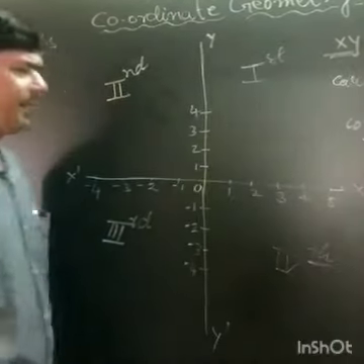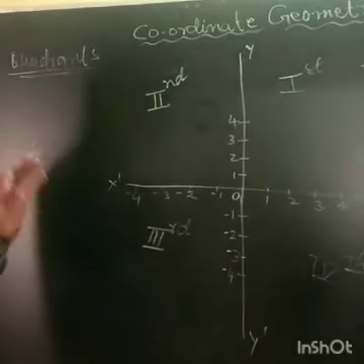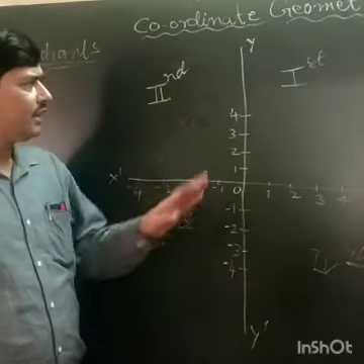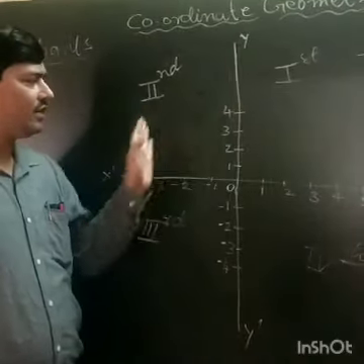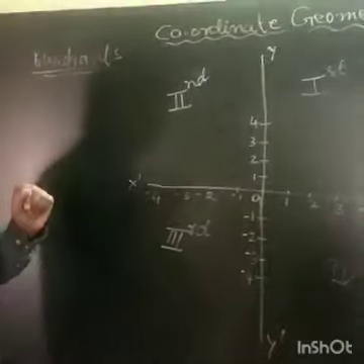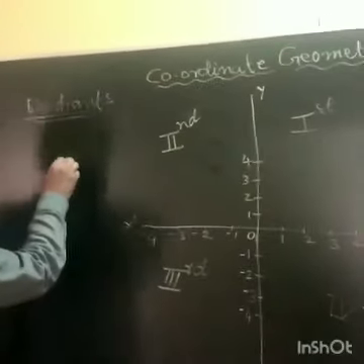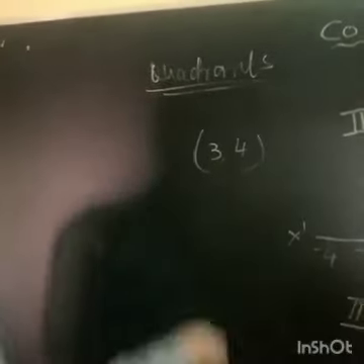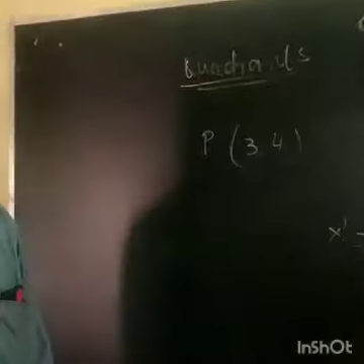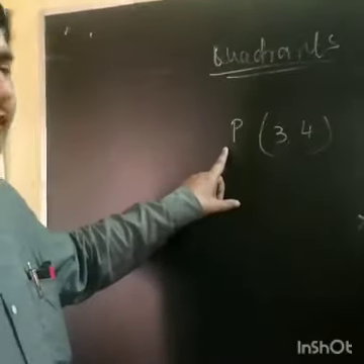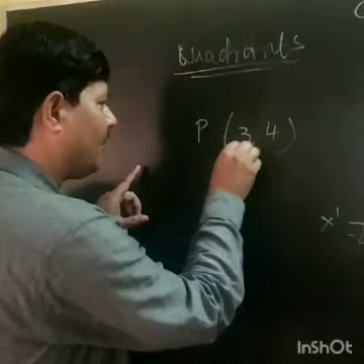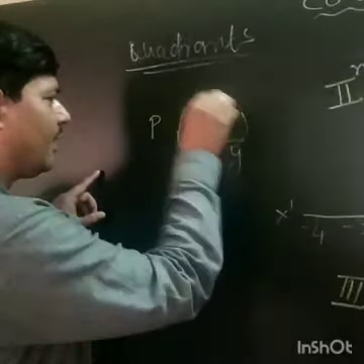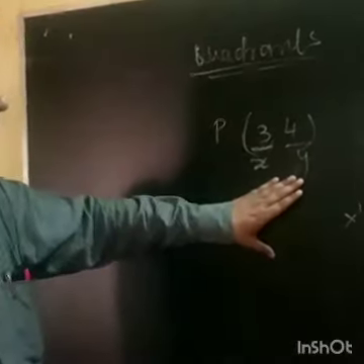Now you see, if we have to locate a point, the exact location of the point is represented on these quadrants. Let a point be (3, 4); this point is P. Where do we locate this? This is the distance traveled by the point on the x-axis, and this is the distance traveled on the y-axis.